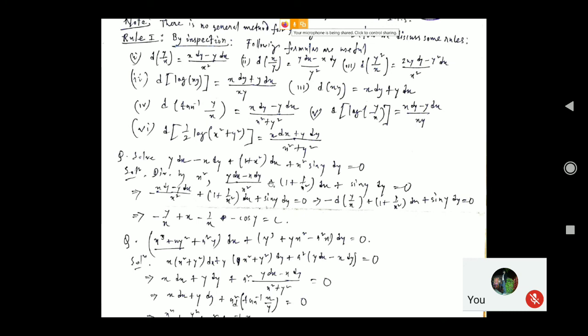We discuss one or two problems of this type. We consider this differential equation: y dx plus x minus x dy plus (1 plus x square) dx plus x square sin y dy equal to 0. We have to solve this.